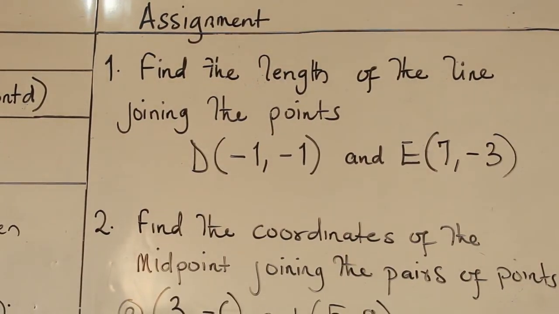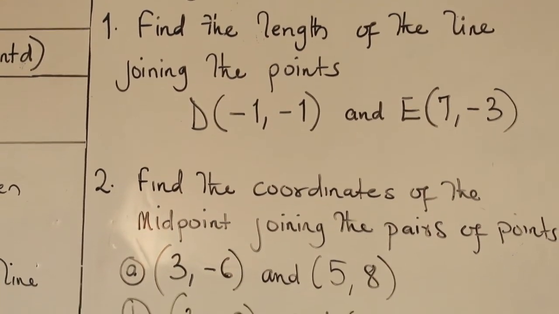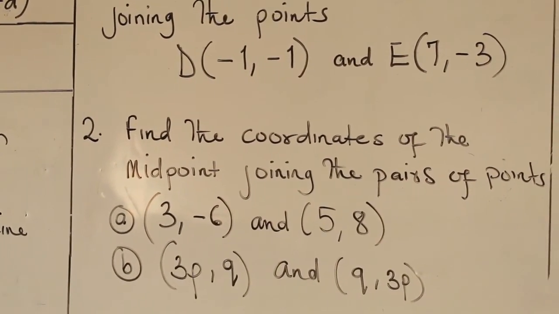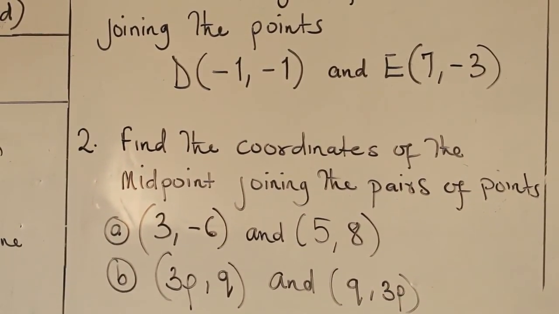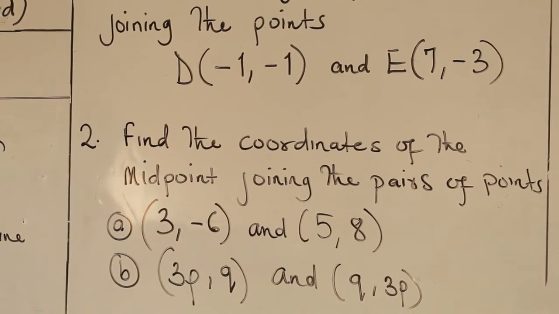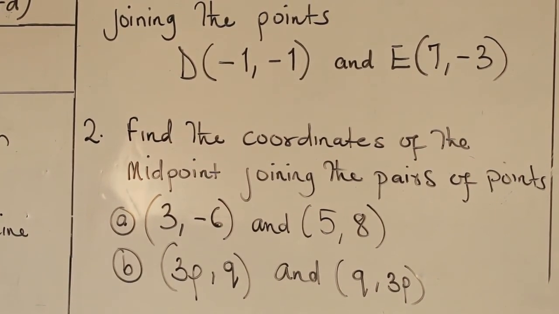The assignment is written on the board. The first one says, find the length of the line joining the points D(-1, -1) and E(7, -3). The second one is find the coordinates of the midpoints joining the pairs of points A(3, -6) and (5, 8), B(3p, q) and (q, 3p).